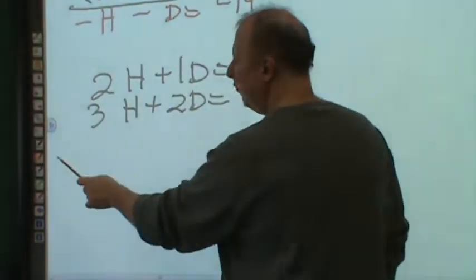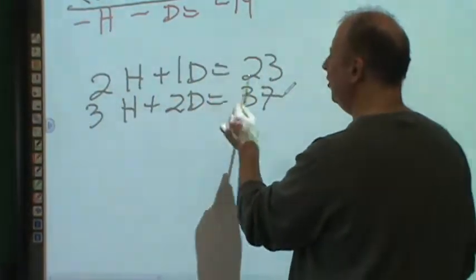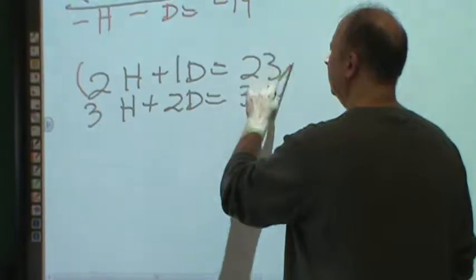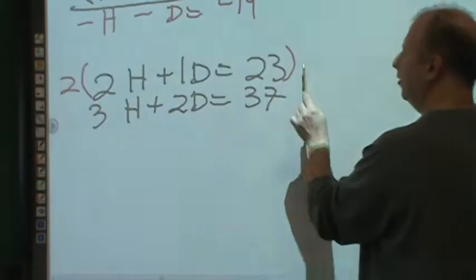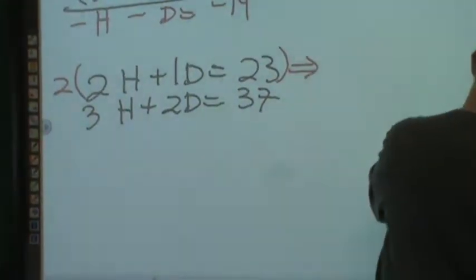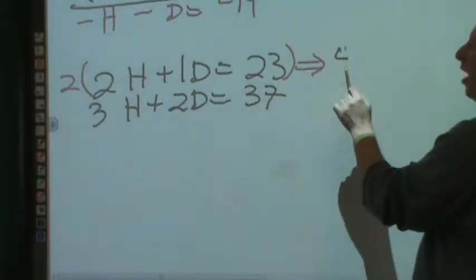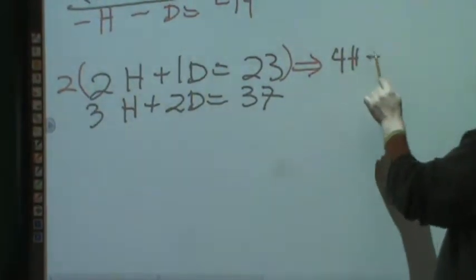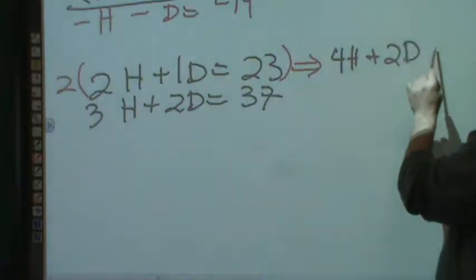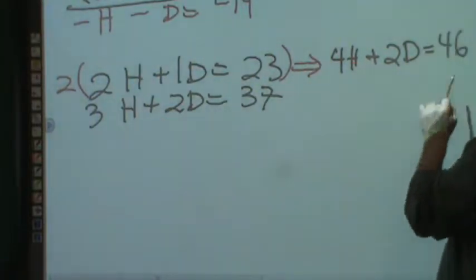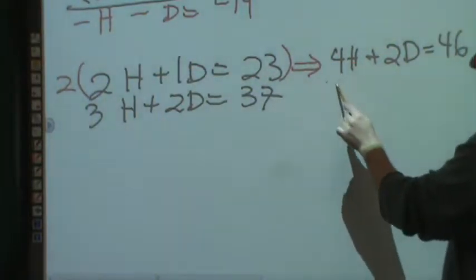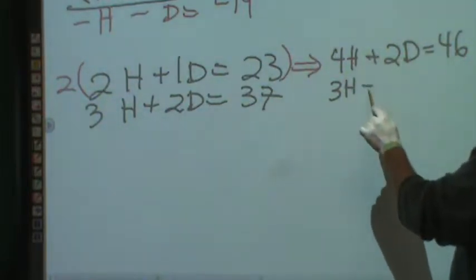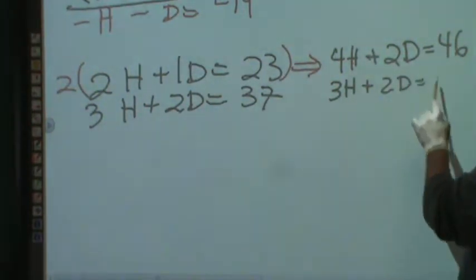I know that if 2 hot dogs and 1 drink cost $23, then I can say 4 hot dogs and 2 drinks is $46. And 3 hot dogs and 2 drinks equal $37.